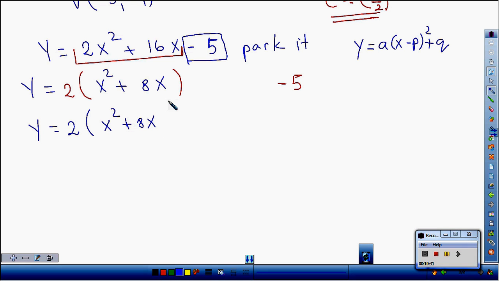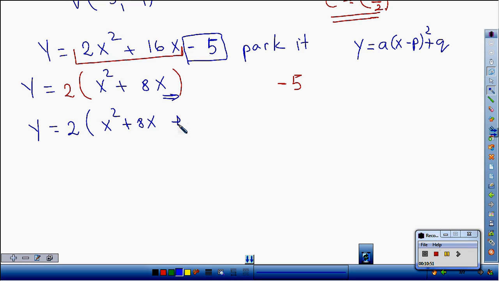Now, we're going to create that perfect square inside this bracket, not outside, because it's not really helping me outside. I have to do it inside of the bracket. So I want you to imagine that you're going to push this bracket towards the negative 5 and fill it in with the number that we need to add and subtract.